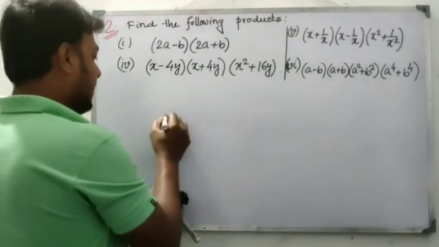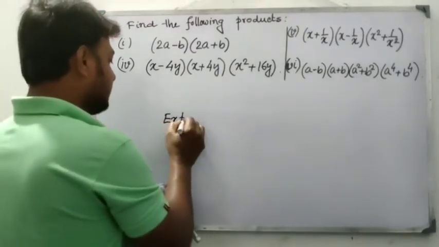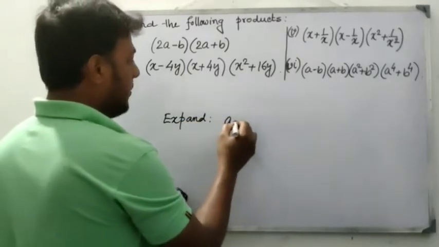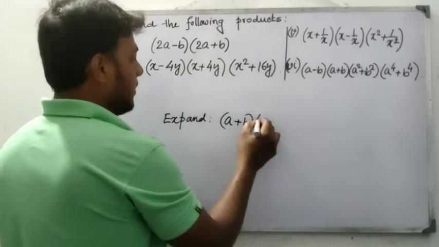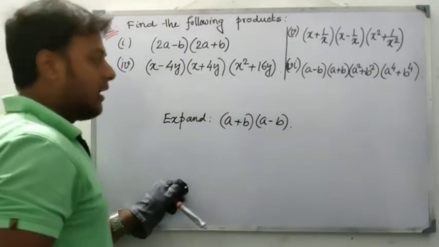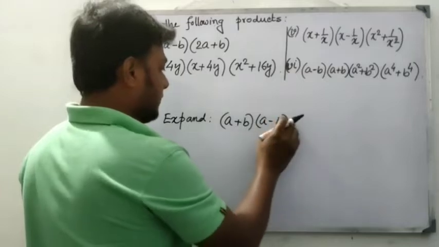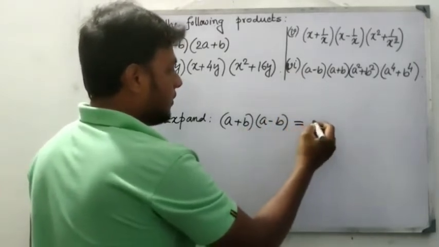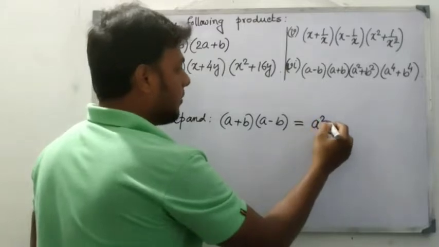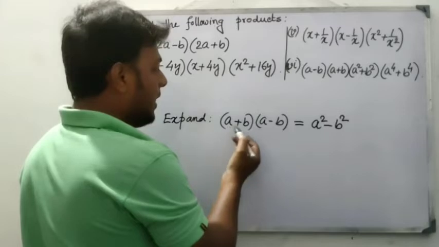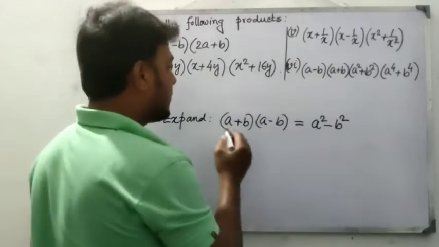There was a question that expand (a + b)(a − b). Okay, and after expanding we got the result a square minus b square. See, (a + b)(a − b) equals a square minus b square.